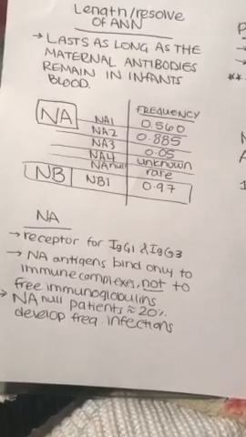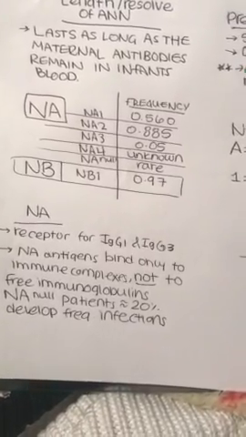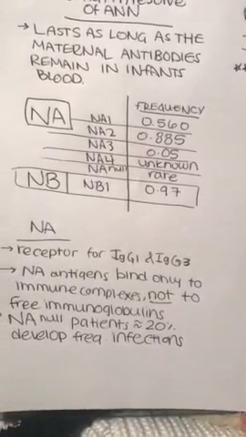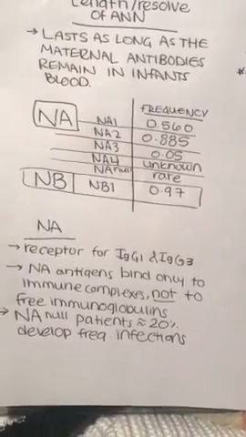In NA, the neutrophil antigen, you have NA1 through 4, and then you have NA null.